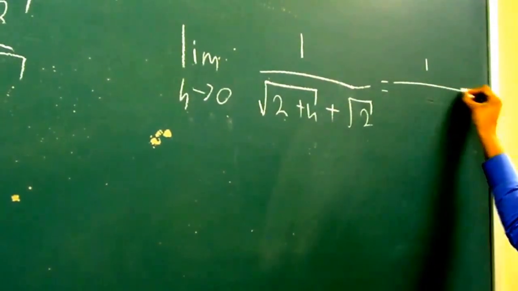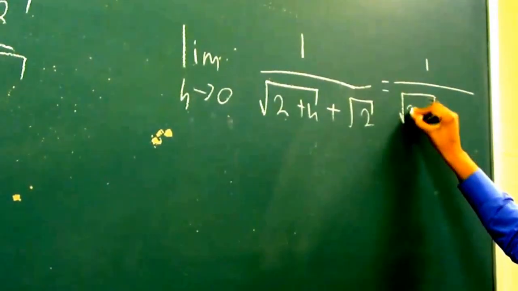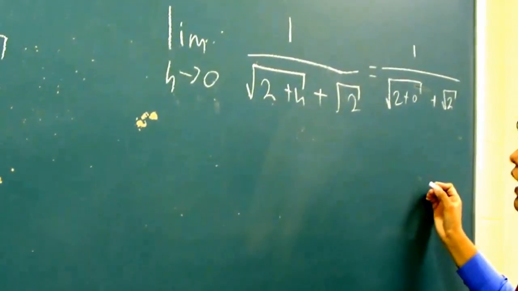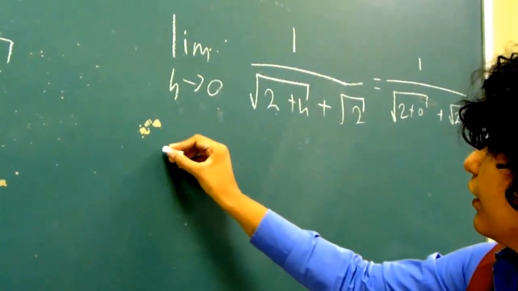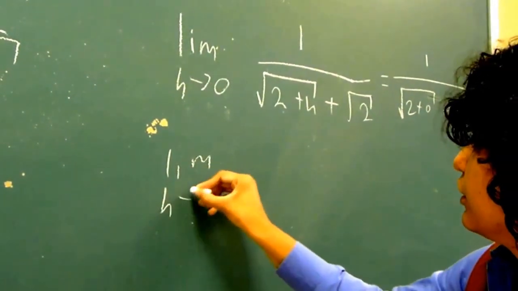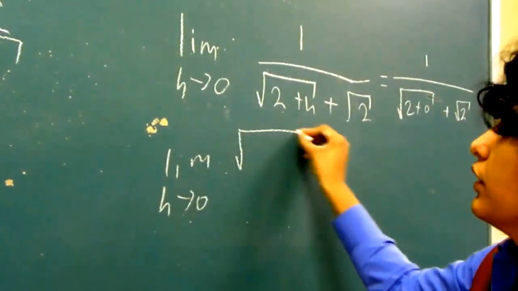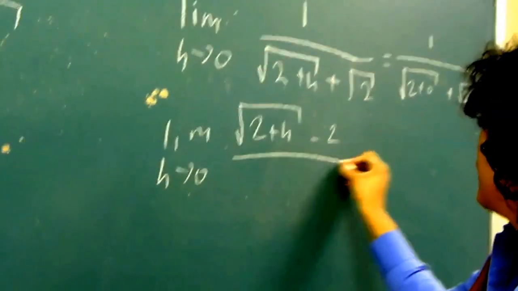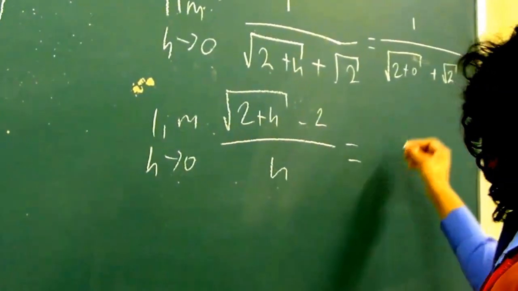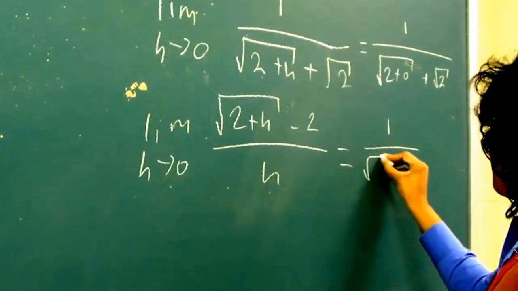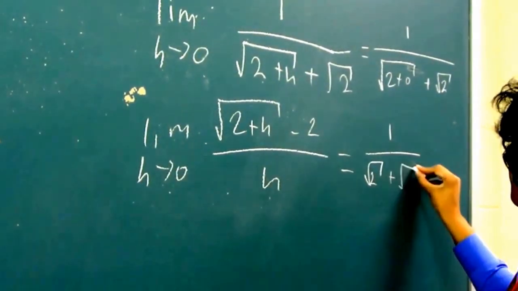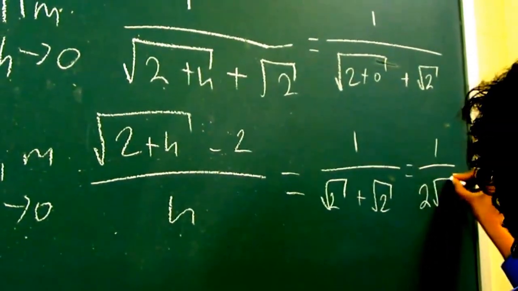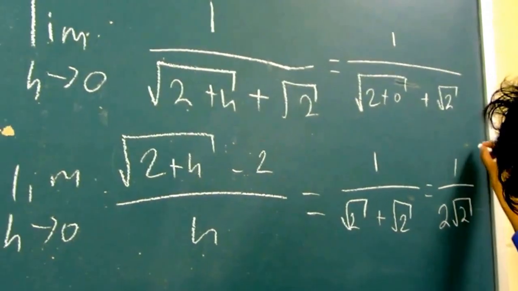We have 1 over the square root of 2 plus 0 plus the square root of 2. Basically, the answer of the limit as h is approaching 0 of the square root of 2 plus h minus the square root of 2, divided by h, is equal to 1 divided by the square root of 2 plus the square root of 2, which is the same as 1 divided by 2 times the square root of 2. And that's the answer.